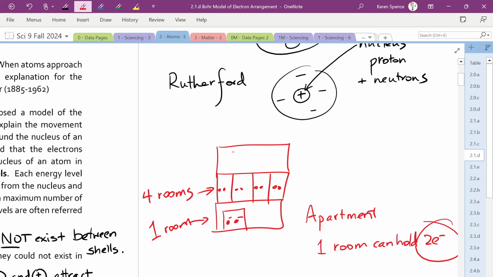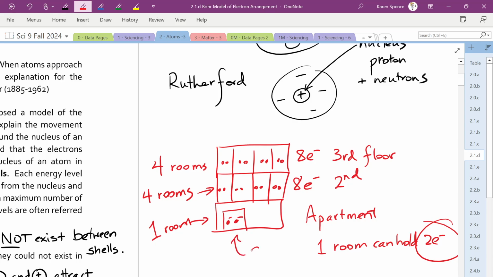And the third floor also has 4 rooms: 1, 2, 3, 4, 5, 6, 7, 8. So we can have 8 electrons on the third floor, 8 electrons on the second floor, and 2 electrons on the first floor.